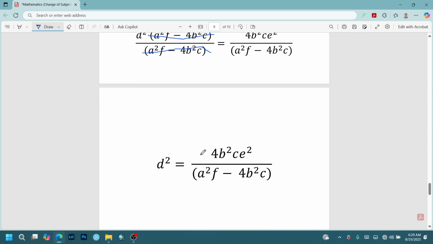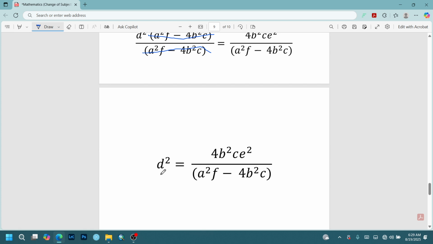So d squared here cannot be the subject of the relation because d is not independent, right? It's dependent on the square here. So we have to eliminate it, right? In eliminating it, as I explained earlier on, you introduce the square root. If it's a square and you want to eliminate it, you introduce the square root.